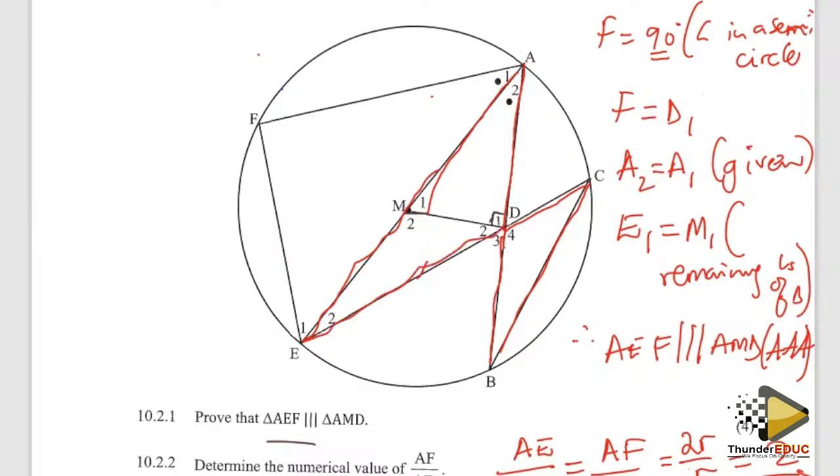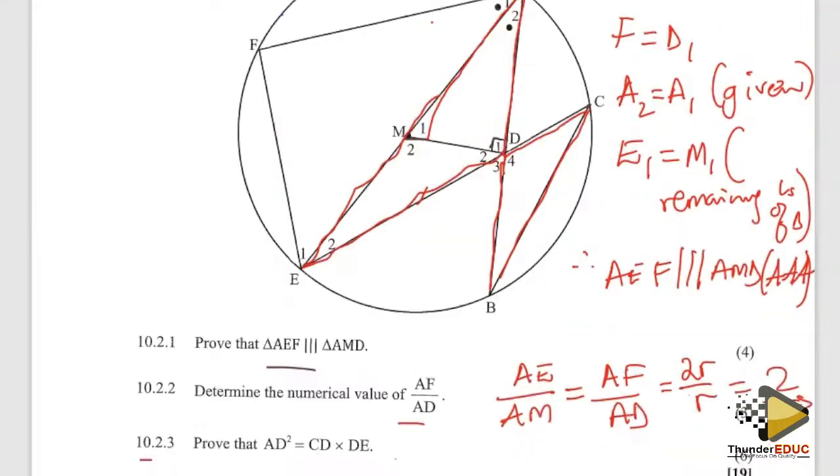So we can see, remember, similarity first. We know that A2 is going to be the same as C. So that is going to be angles subtended by the same arc. I don't know if that would make sense.